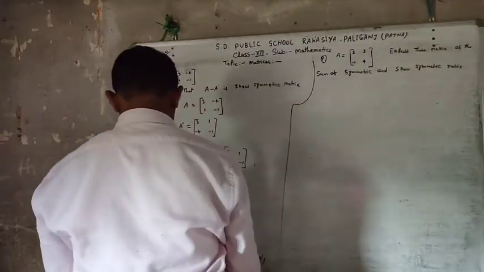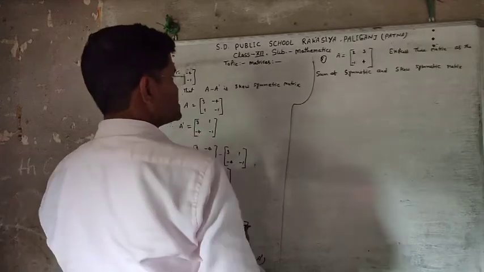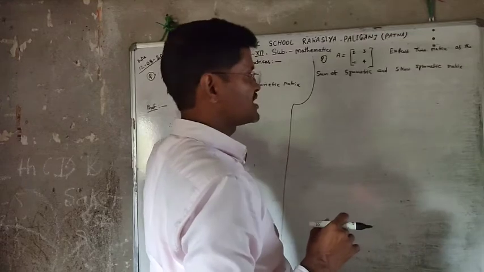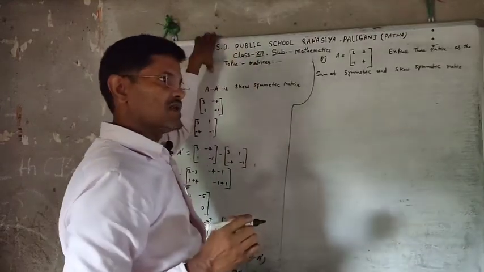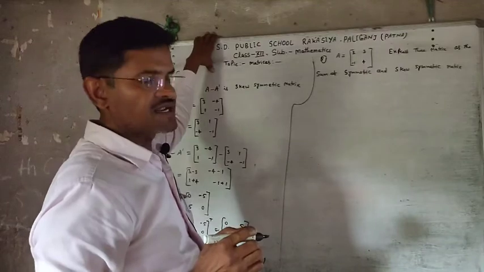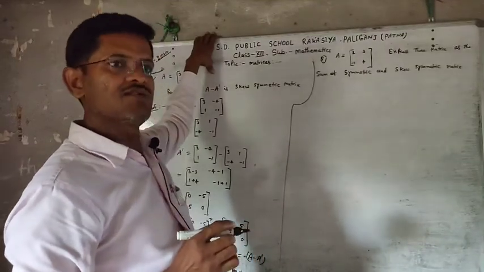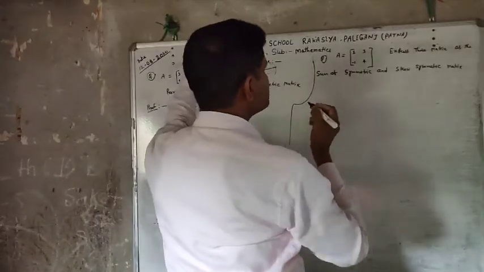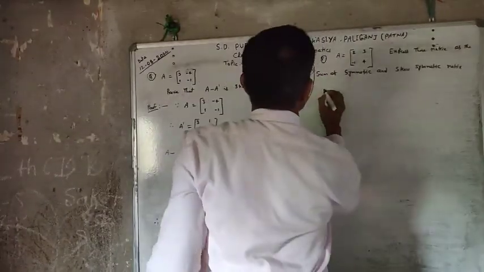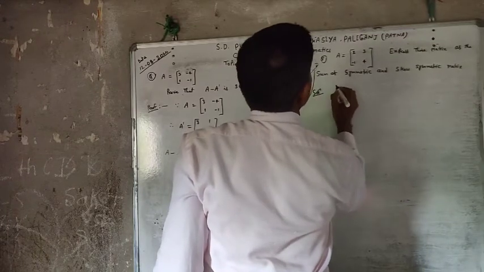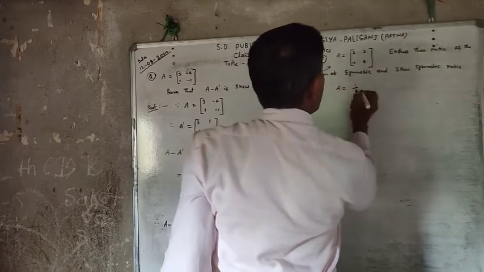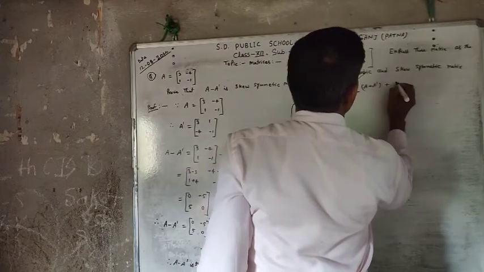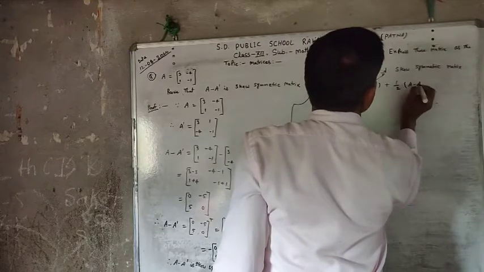We know that if a square matrix A is given, then we can find A minus A transpose and A plus A transpose, and we know that A plus A transpose is a symmetric matrix and A minus A transpose is a skew symmetric matrix. We can write the matrix A is equal to 1 by 2 of A plus A transpose plus 1 by 2 of A minus A transpose.